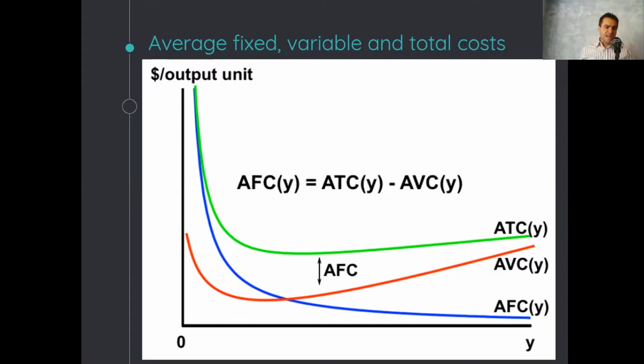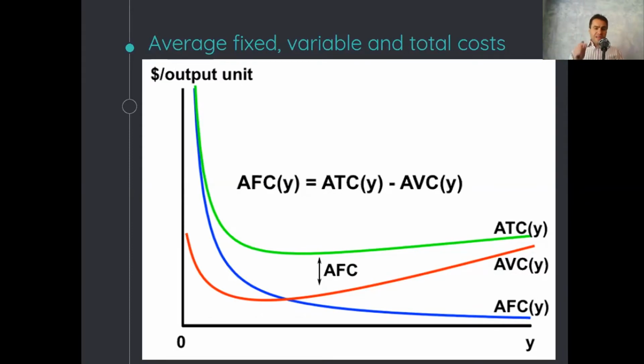At the beginning, the average fixed costs are really, really big when Y is really small. But as production increases and they take a smaller percentage of the average total cost, you can see that the blue line tends to go to zero. The average fixed costs are less important the more you are producing.